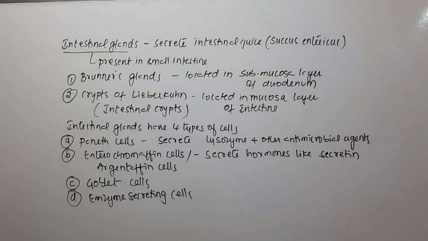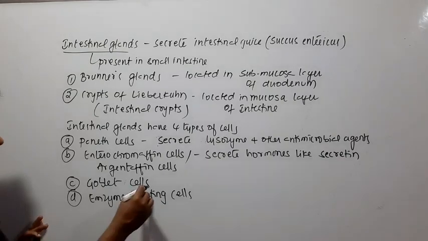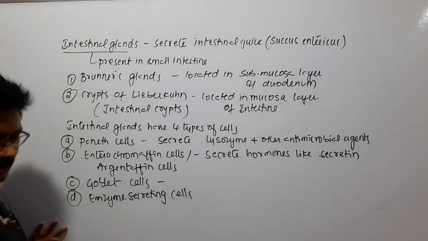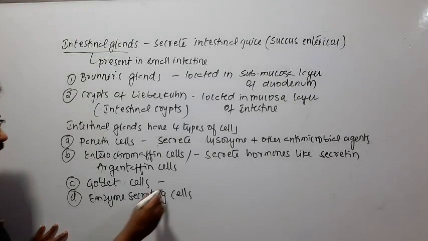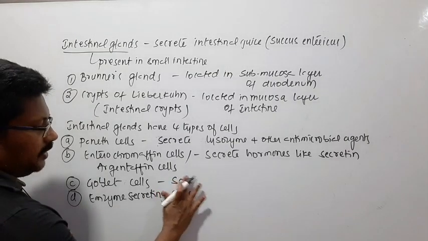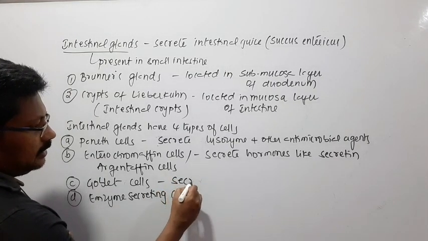So they produce hormones like secretin. We'll see what this secretin will do. The next one, we already know, the goblet cells. The goblet cells secrete mucus.